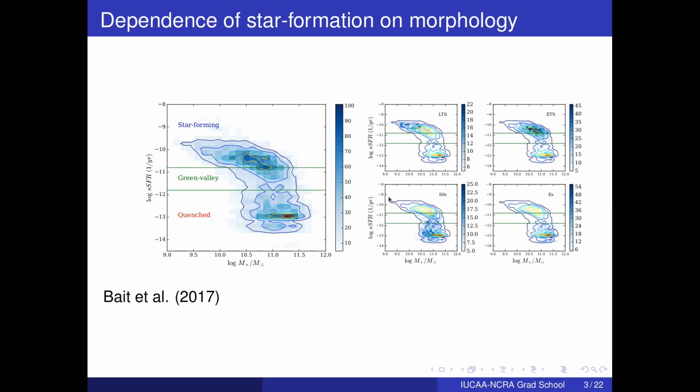But there are some S0s which are still star forming. And here, you go now to ellipticals. Although there are a few star forming ellipticals here, most of the ellipticals are quenched. So clearly there is a movement downwards of the population as you go from late type spirals to ellipticals. Very, very clear dependence on morphology.